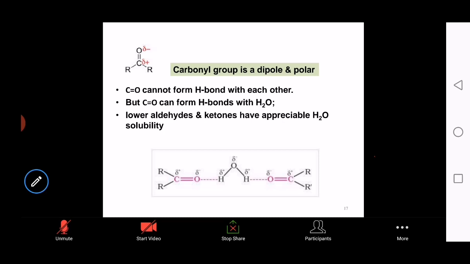Earlier in physical properties, I already said they are polar because of the different electronegativity between carbon and oxygen.